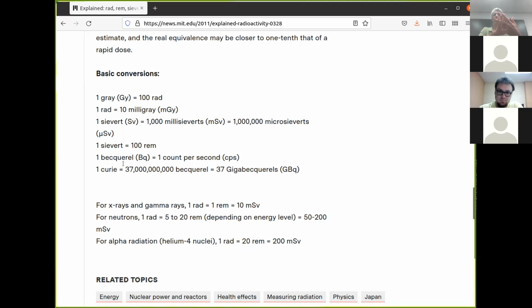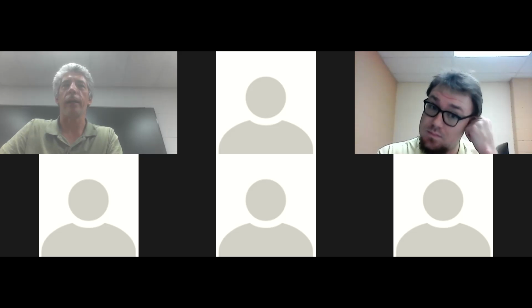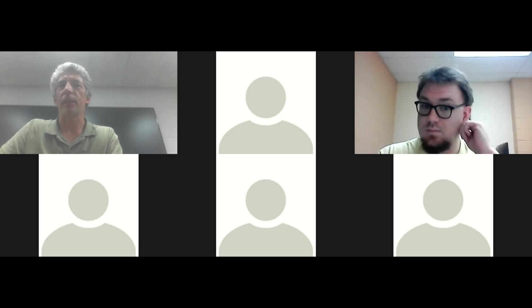And each of these 3 come in an SI variety, Gray, Sievert, Becquerel, and in a variety that's been historically used and gives smaller numbers. Instead of dealing with gigabecquerels, we can deal with 1 Curie of activity, right? Things like that. All right, so that just finishes off what we had already talked about a little bit.